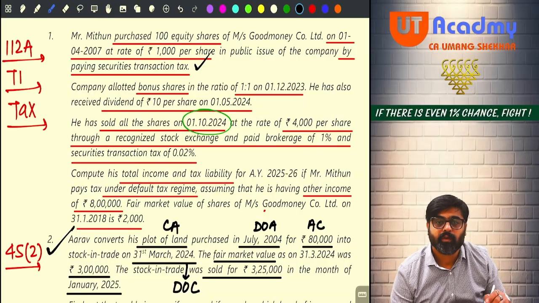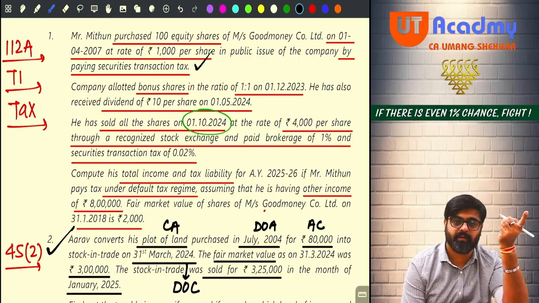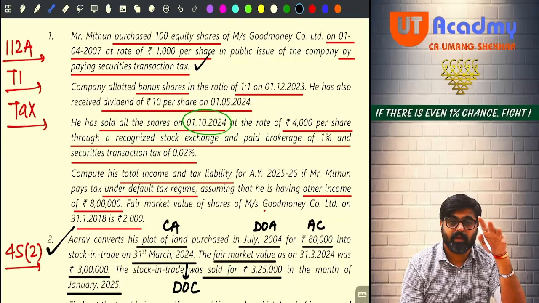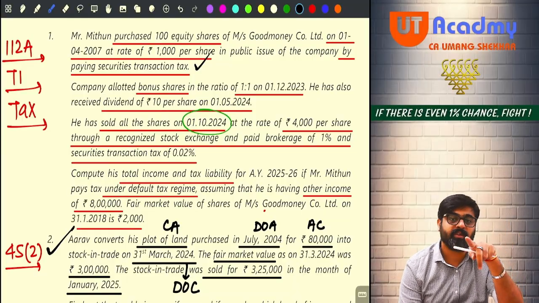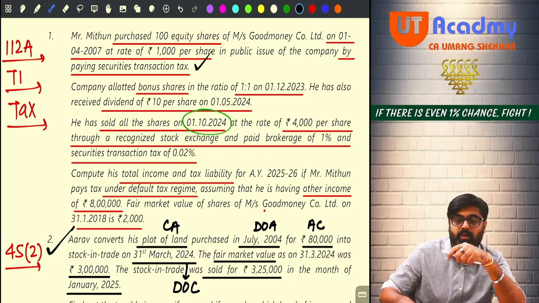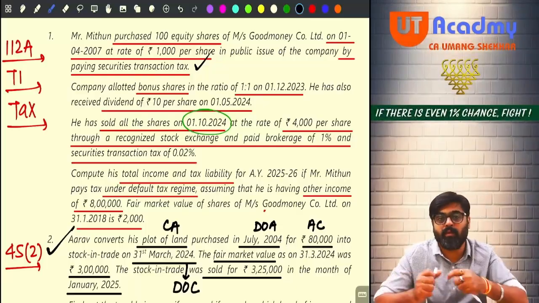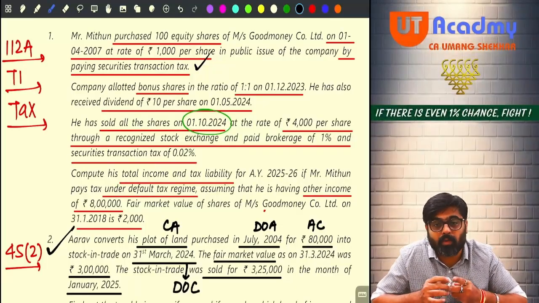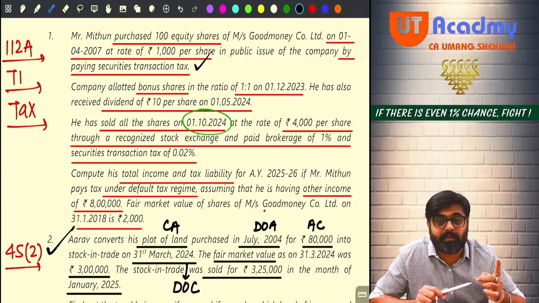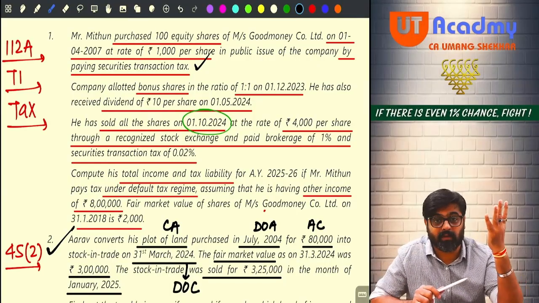2,000 into 100 will be 2 lakh. But remember, this 2 lakh rupees of fair market value cannot be more than my selling price. Selling price is 4 lakh.